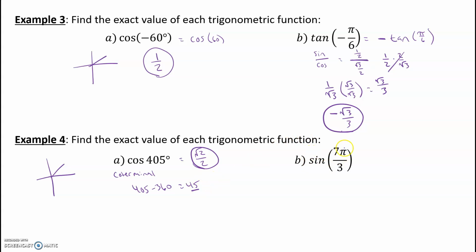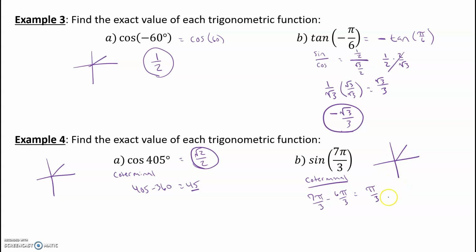Next one. 7 pi over 3. Let's find the coterminal angle. Over here we subtracted 360 because it was in degrees. Here we're going to subtract 2 pi because it's in radians. So 6 pi over 3 is 2 pi. So we get pi over 3, which is in the first quadrant.